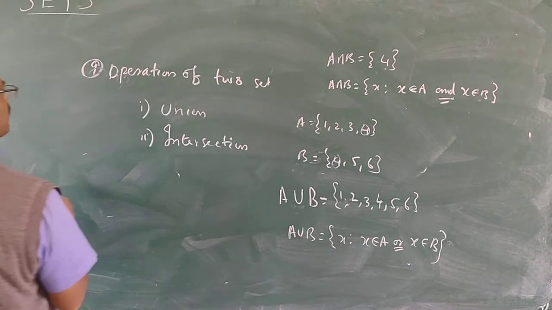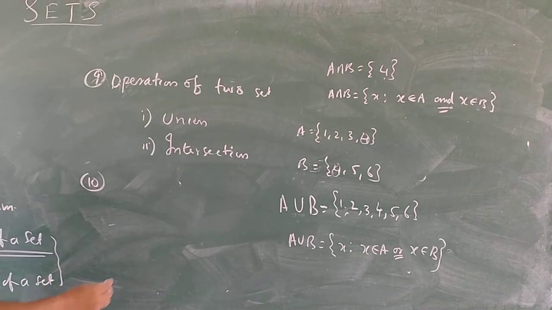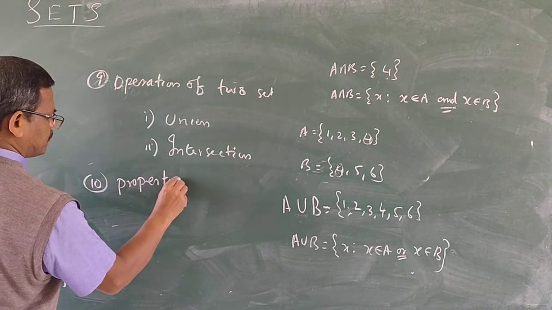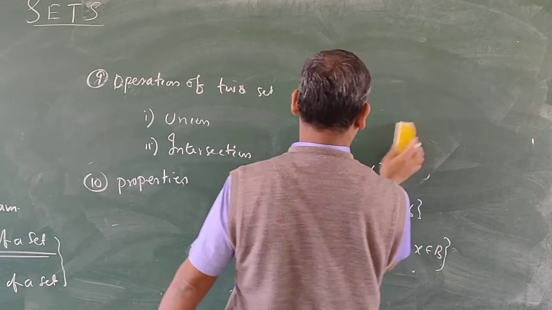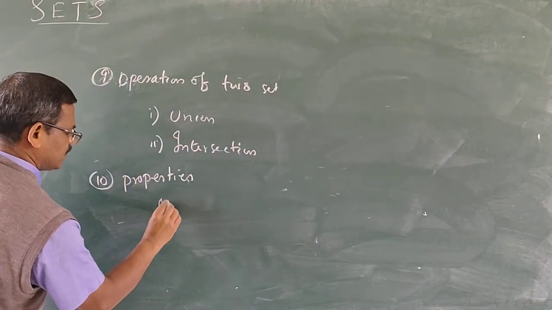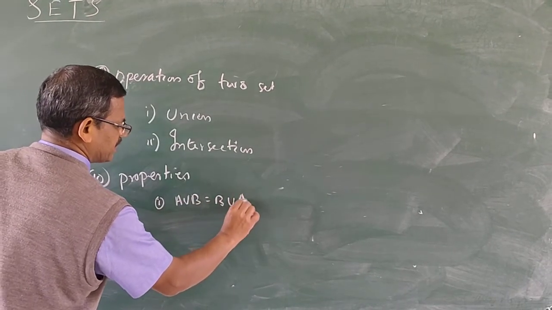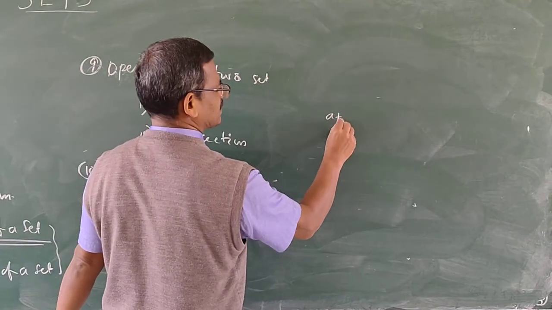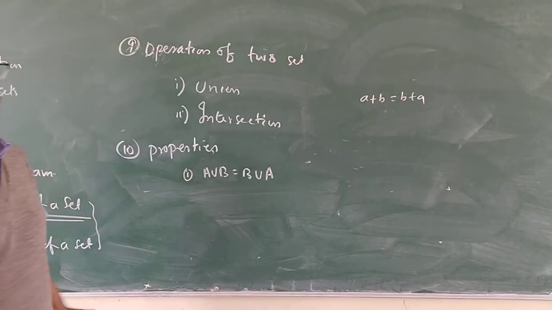And there are some properties of union. What are the properties? The first is A union B is equal to B union A. Similar things you have learned in the lower classes: A plus B is equal to B plus A. We call it the commutative property.